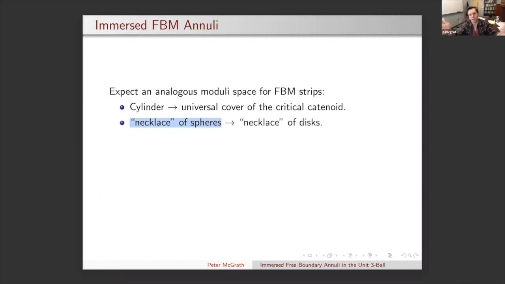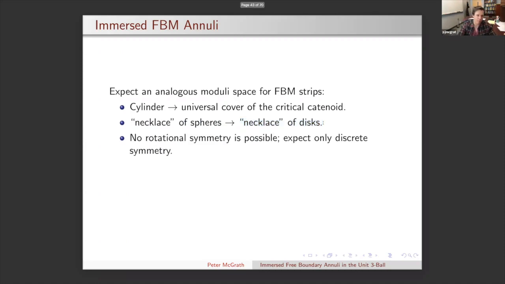And if you imagine sort of pinching the strip in certain places periodically until in the limit you get just a bunch of disks, that's sort of the intrinsic picture we have in mind, that a singular limit for this moduli space should consist of disks stacked on each other and with very singular points along the diameters.